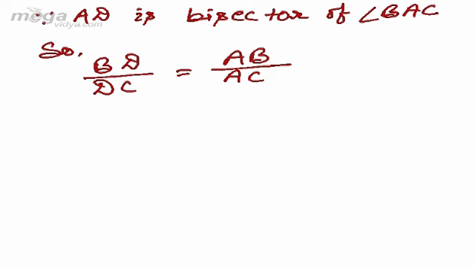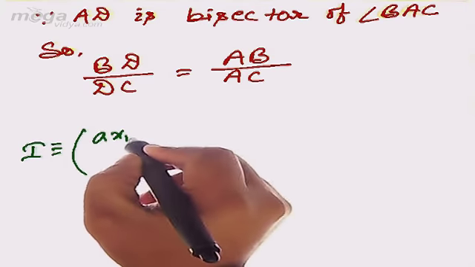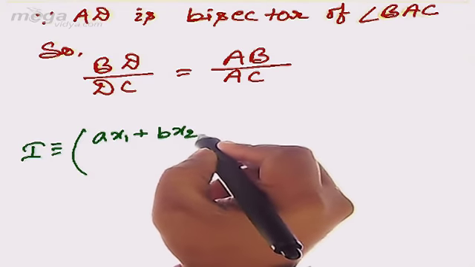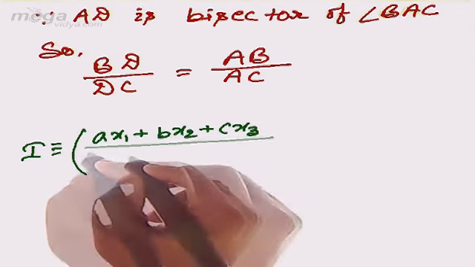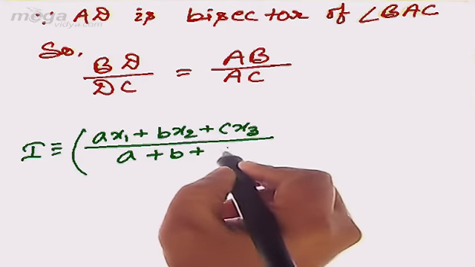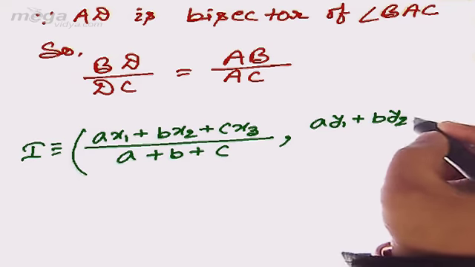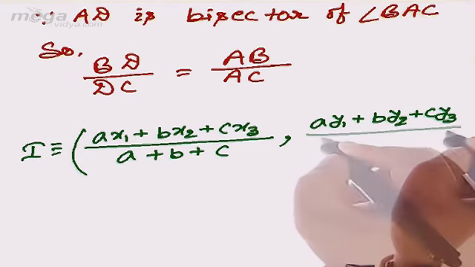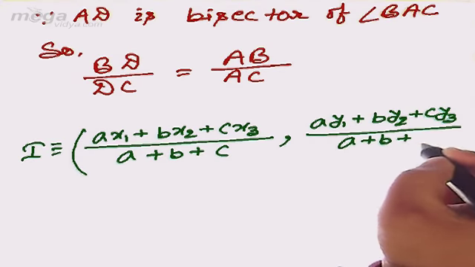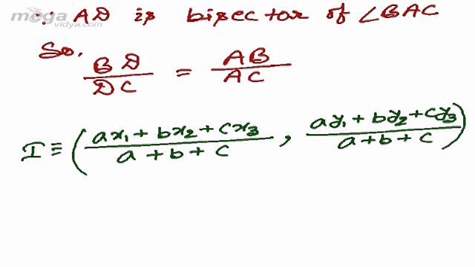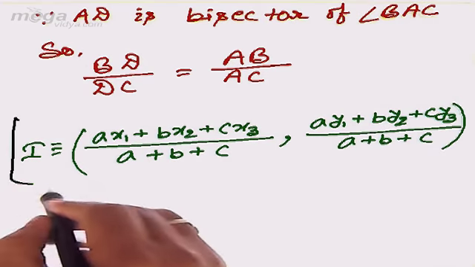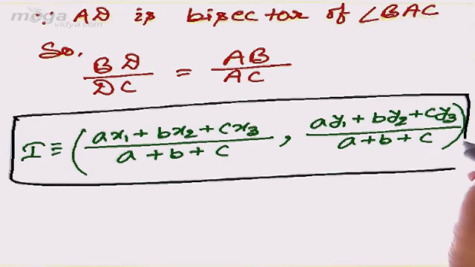After doing those processes, we directly get the coordinate of the incenter as (a·x1 + b·x2 + c·x3)/(a + b + c), comma (a·y1 + b·y2 + c·y3)/(a + b + c). So this is the coordinate of the incenter of a triangle ABC.